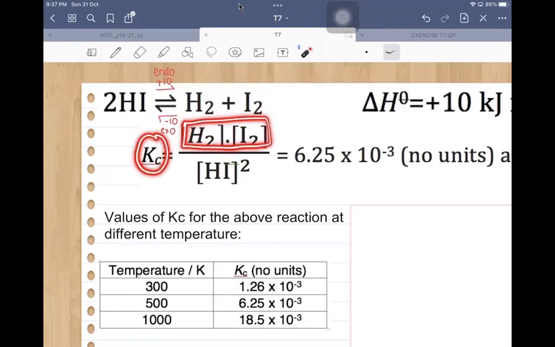Okay, so that, I hope, explains why increasing temperature will increase the Kc for this system. Of course, if you're looking at a different system where the enthalpy change is exothermic for the forward reaction, that means the opposite will happen. Increased temperature will decrease or reduce your Kc values, right?